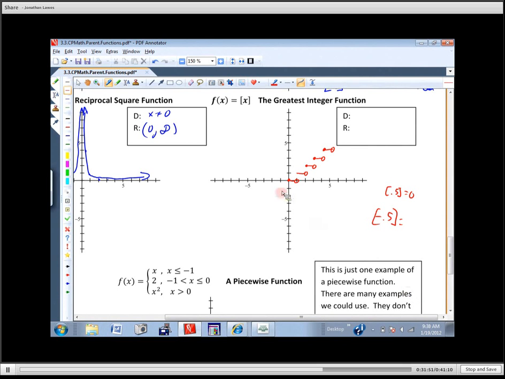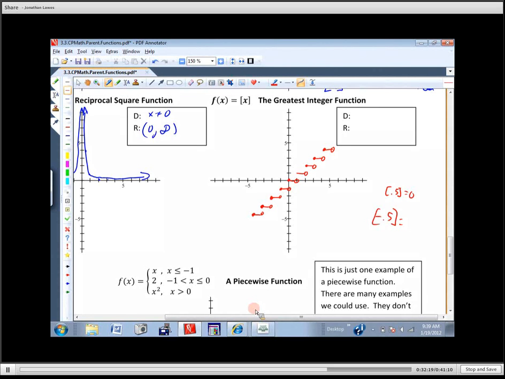One, it makes sense with the stair-step pattern that it would drop down here to negative 1. And the other thing is, 0 is bigger than negative 0.5. So it just continues to look like this. Okay? That's what the greatest integer function or the floor function looks like.